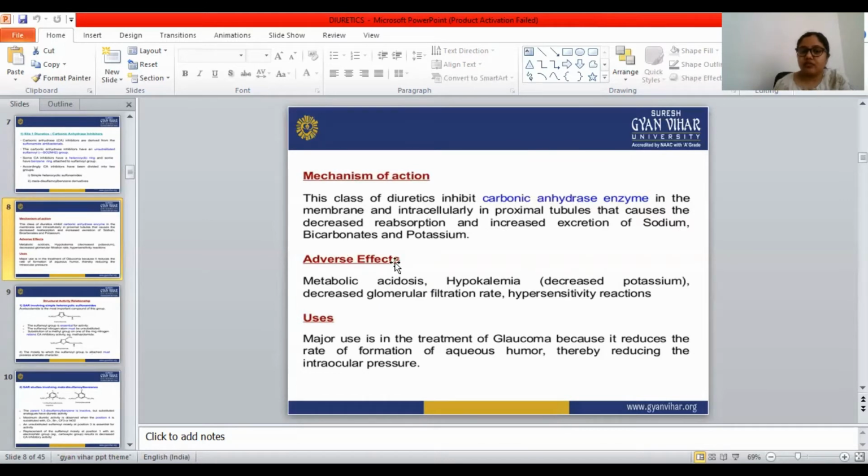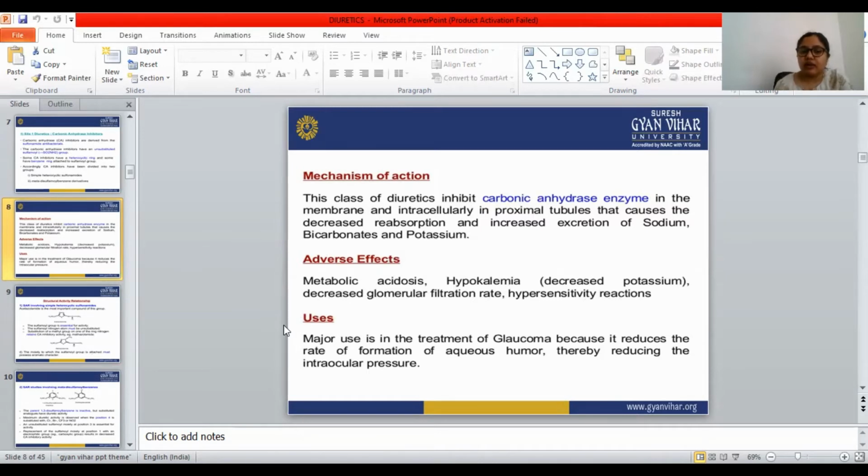There are also some adverse effects of these drugs. The main adverse effects are metabolic acidosis, hypokalemia, which means decreased potassium level, decreased glomerular filtration rate, and hypersensitivity reactions.